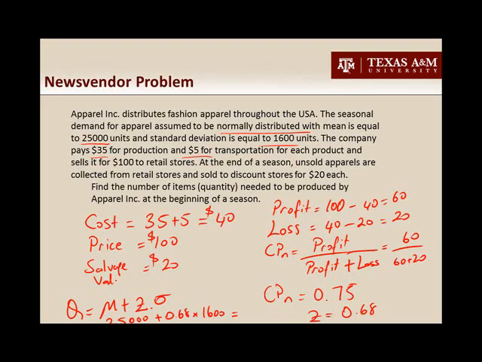The end result is 26,088. So that should be the number of this product that I need to manufacture at the beginning of the season.